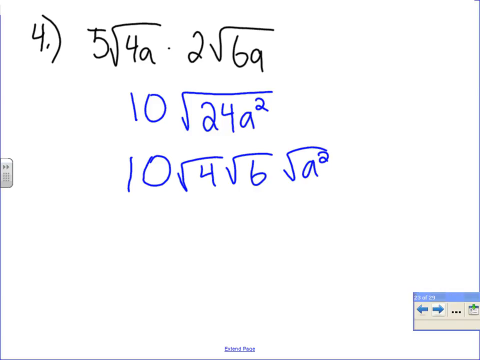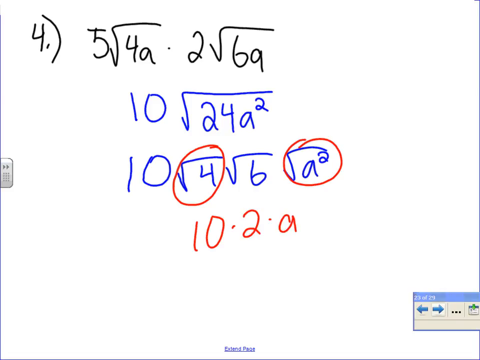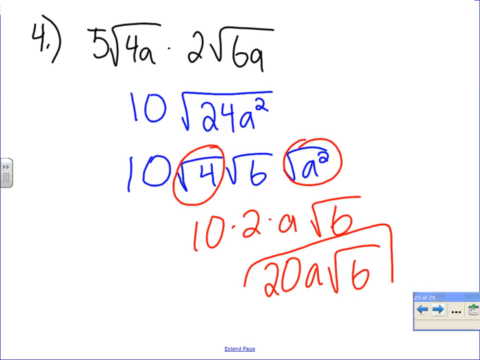From there, circle what's perfect. The 4 and the a squared are perfect. So circle what's perfect. And then take the square root. So we have 10 times 2 times a, because the square root of 4 is 2. The square root of a squared is a. Leave square root of 6 inside the radical. So you guys should get 20a square root of 6.